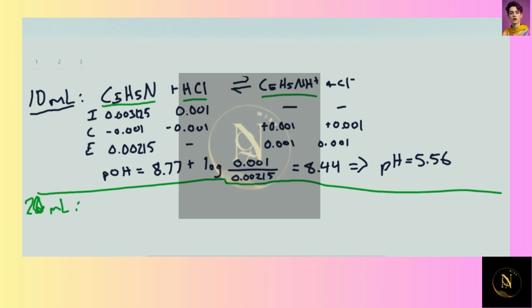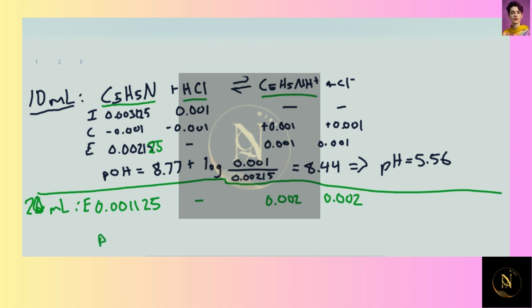So we subtract from the initial to get equilibrium moles of 0.001125. So this should have been 2125, just for clarity. The calculation is correct. And 0.002 for both of these substances. So this is our equilibrium for after 20 milliliters.